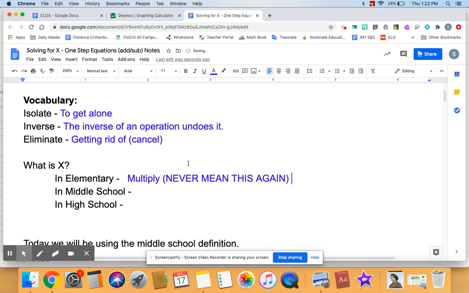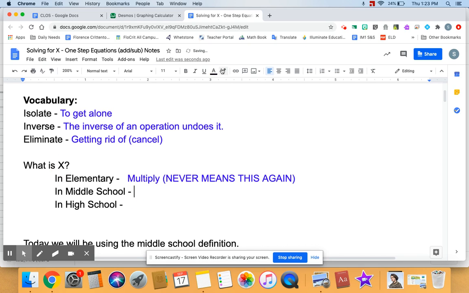In high school or anywhere above elementary school, if I want to say 3 times 5, I use parentheses for multiply. I don't want to put an x there because it looks confusing, since we use x's in high school for other reasons. So never use an x to mean multiply.